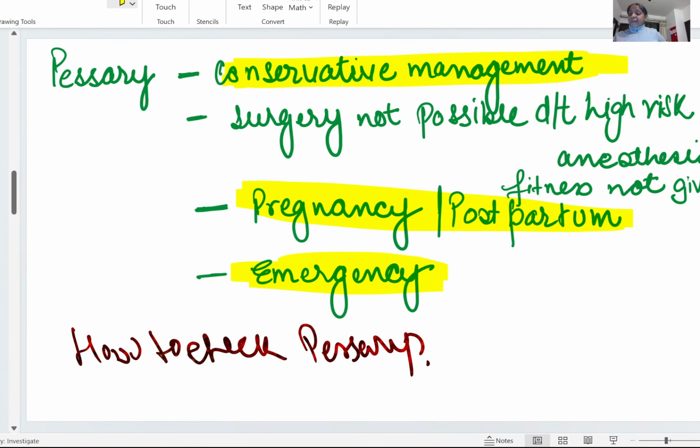How to check the pessary? Write down in the chat box.